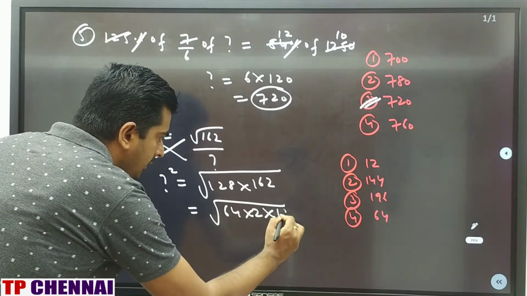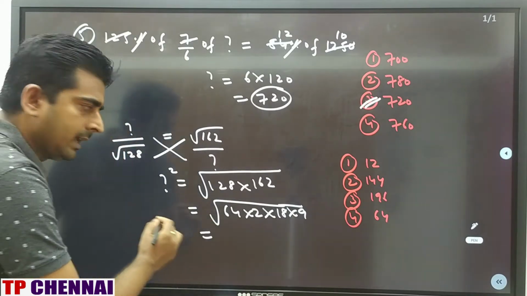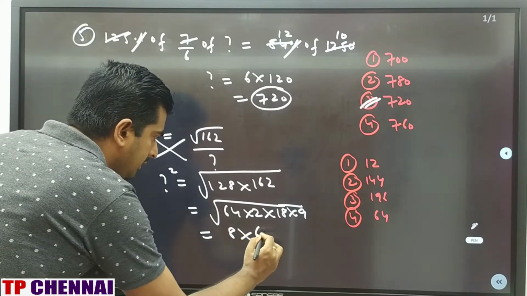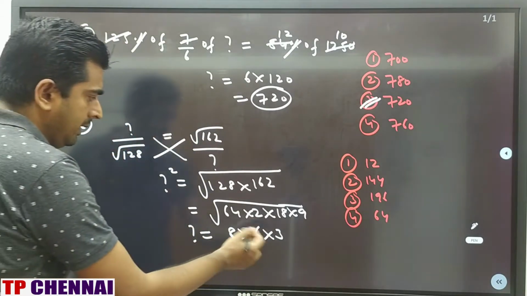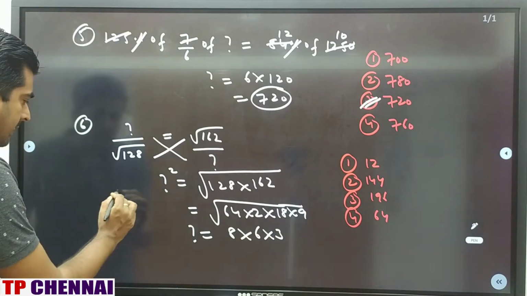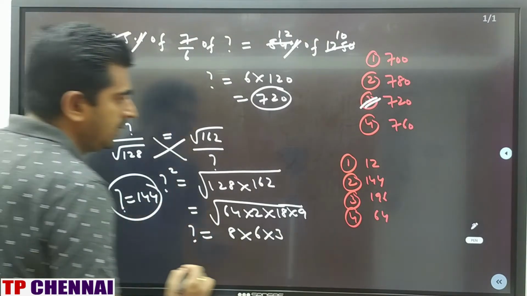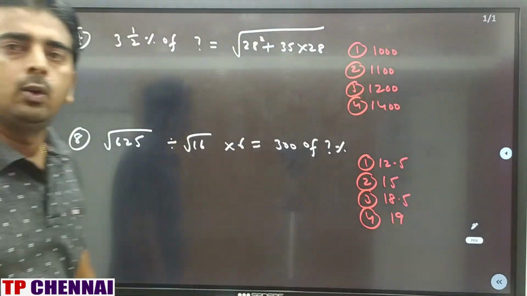This is nothing but 18 into 9. 64 if you take outside, what you have to do? 8. 36, 6. This is 3. This is the value of question mark. So 8 6s are 48. 48 into 3. What is the answer? 144. My answer is 144, which is the second option. So I hope you are clear with the sixth one.